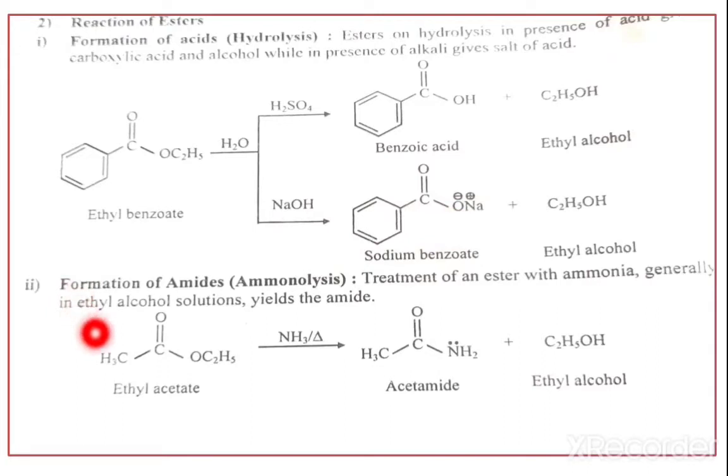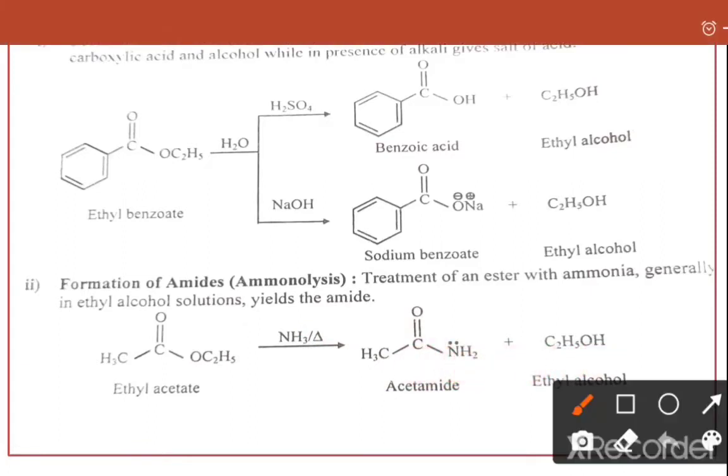Now the second reaction is the formation of amide, which is also called ammonolysis. That means the ester molecule is treated with ammonia, NH3, generally in ethyl alcohol solution, and they yield amide plus ethyl alcohol. It's a simple mechanism.